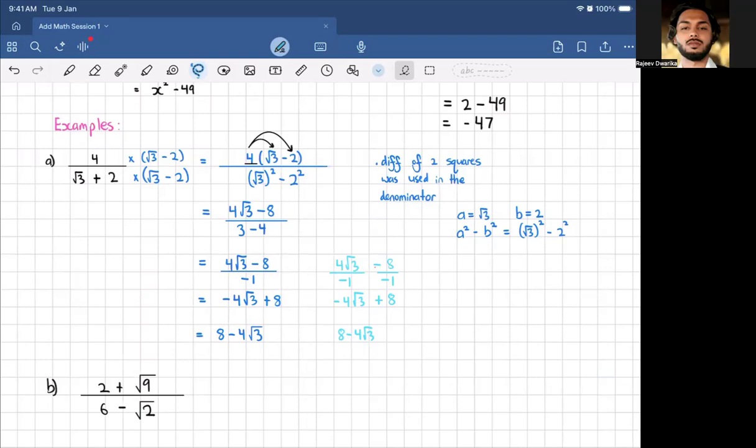Question: do you think the top will also be a difference of two squares, or just the bottom? What do you think, Shina? I'm not hearing you. Do you think the top would also be a difference of two squares, or just the bottom?